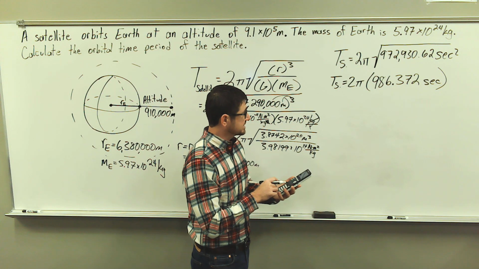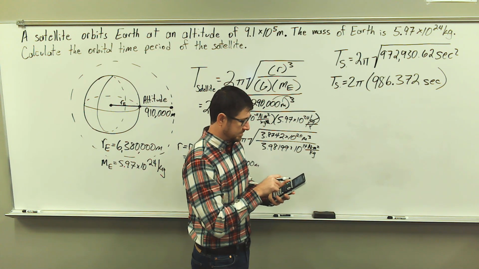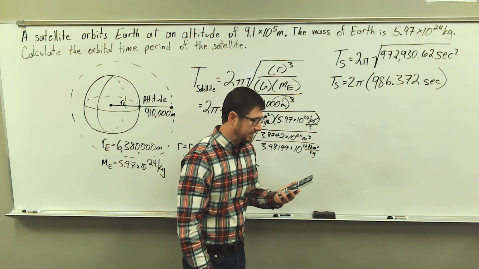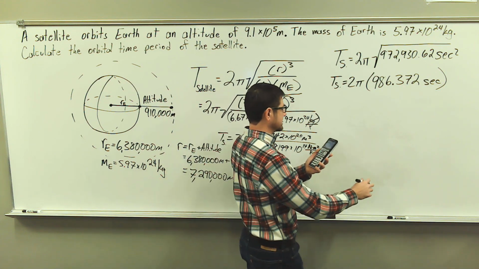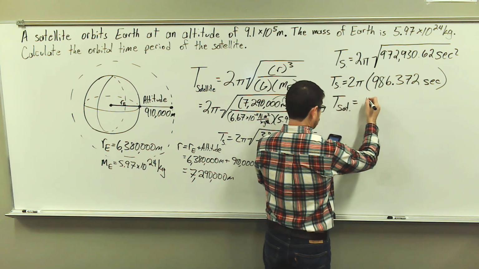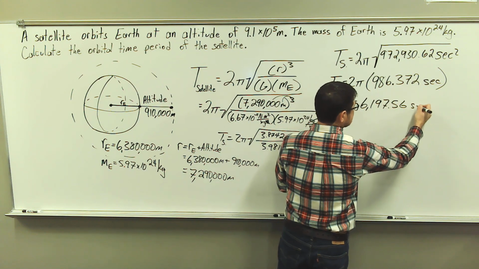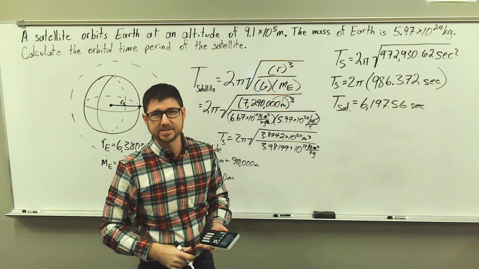So 986.372 times 2 and then times pi is going to give us 6,197.56. And we have units of seconds here.